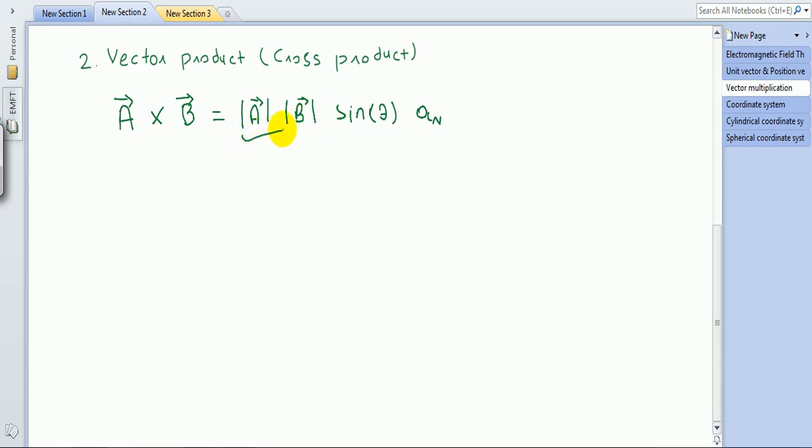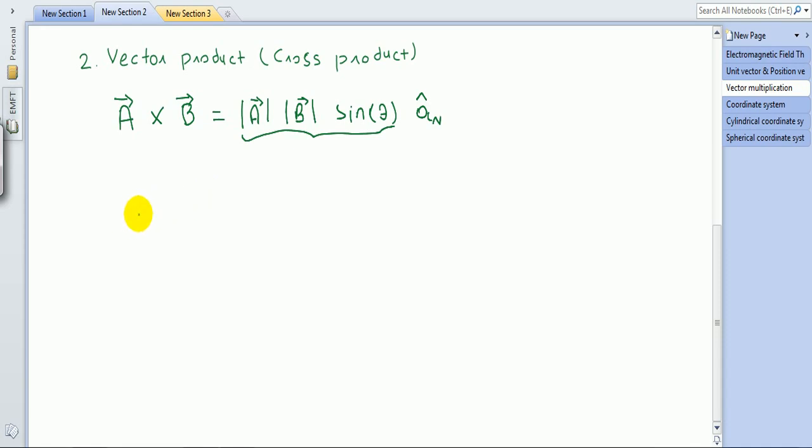This is the magnitude, and this is the unit vector which is perpendicular to both a vector and b vector. Suppose a and b are in the xy plane, then this an cap, the unit vector normal to a and b, will be in the direction of z. If they are in the yz plane, then it will be in the direction of x. So this is how we can find the vector product.